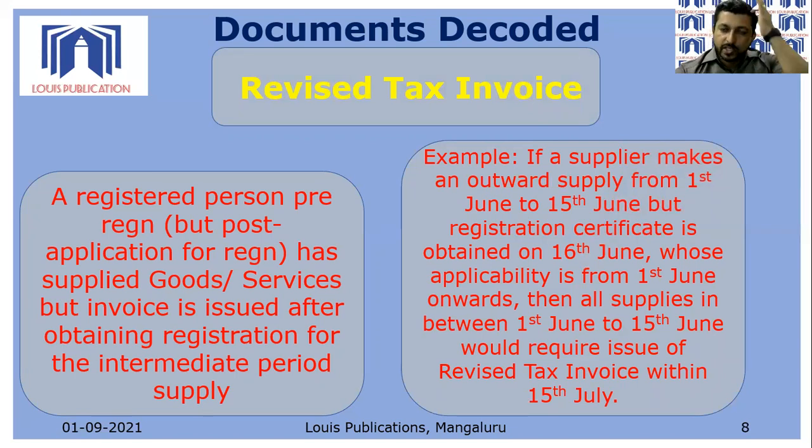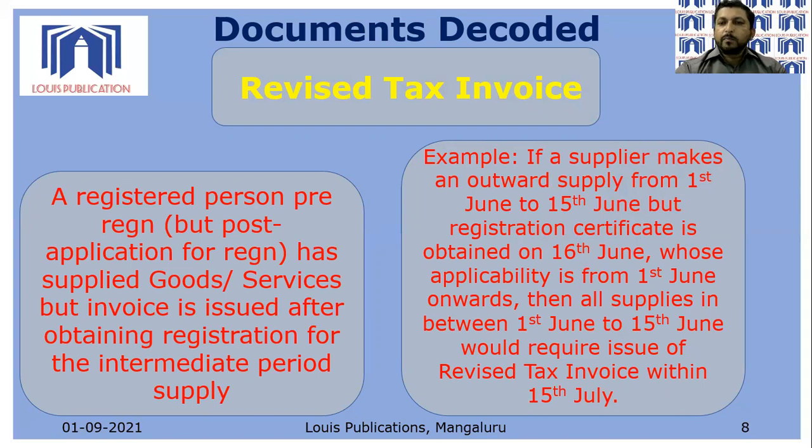So if he has received the registration certificate on 16th of June, then within 15th or 16th of July, for all such transactions that had happened before registration, no GST was collected. Now GST will be collected and a revised tax invoice will be issued to such customers or clients or recipients, we can say.